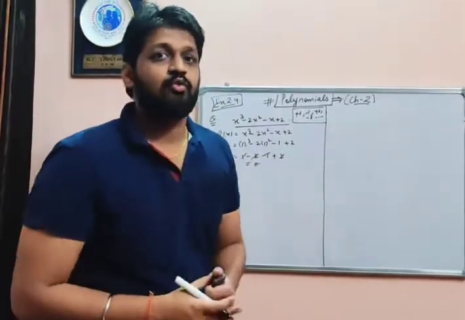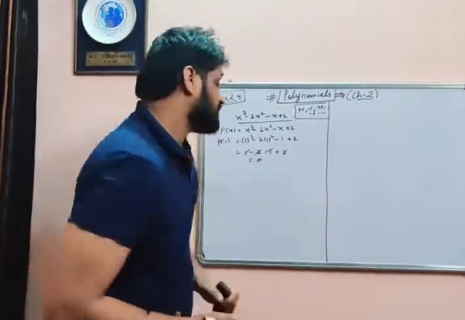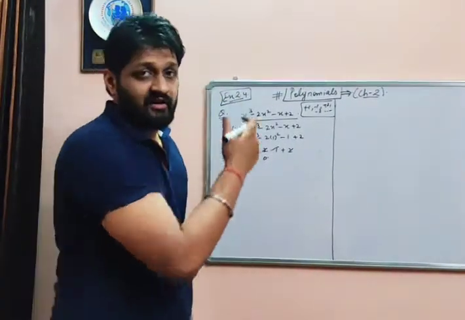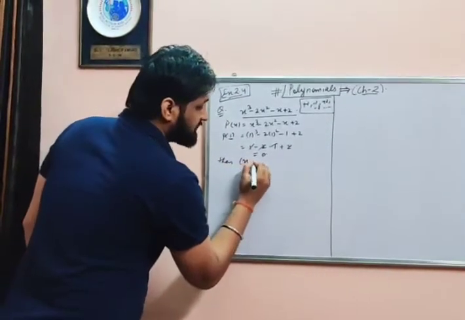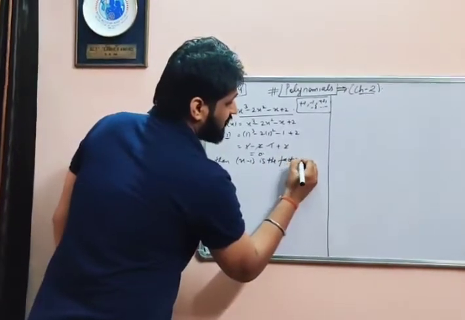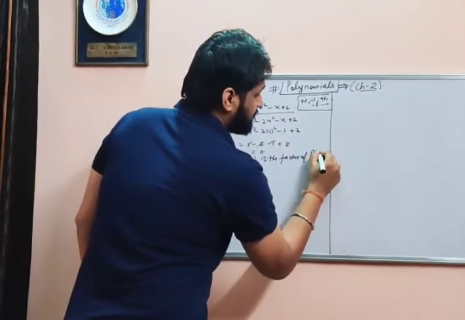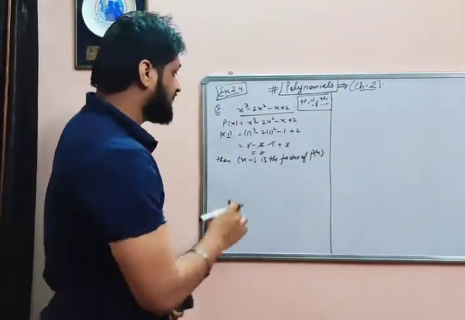When the remainder comes out to be 0, then that value becomes the zero of that equation. So here 1 is the zero of that equation, and if 1 is the zero, then x minus 1 is a factor of p of x.